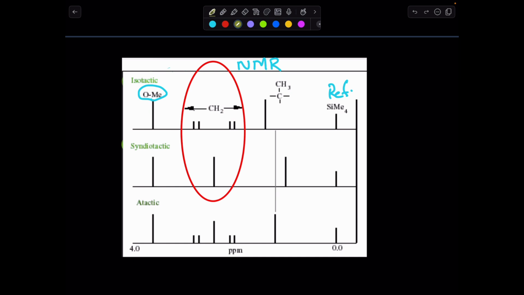And then let's focus on the methylene group. The methylene group is here, and we see that for isotactic, we get two doublets. Because the two hydrogens are not equivalent, they give different peaks and they split one another. For syndiotactic, the two hydrogens are equivalent, so we get a single peak.